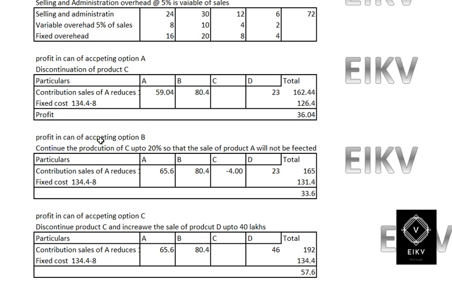After that, option 2 or option B, continue the production of product C by 20%.